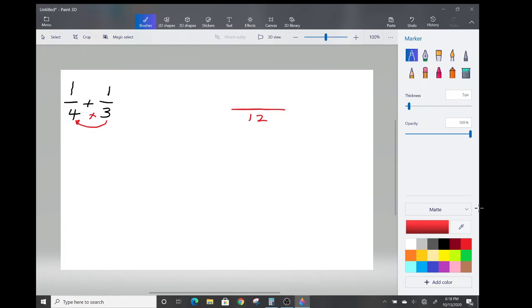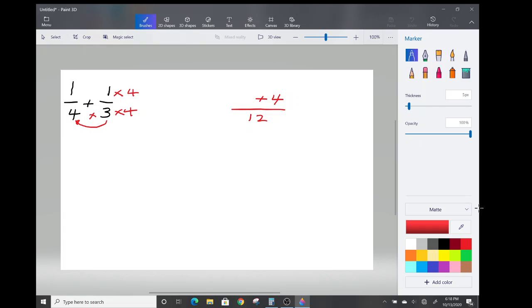So now, 3 times 4 is 12. What we do down here, we have to do up here. Okay? So, that's 3 times 4 is 12. 1 times 4 is 4. So, what about 4?